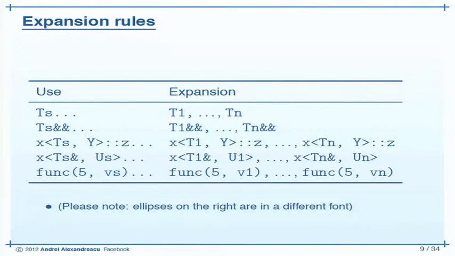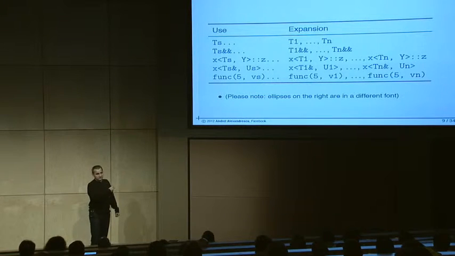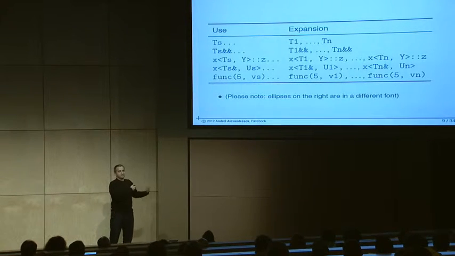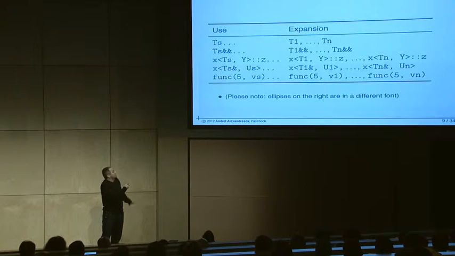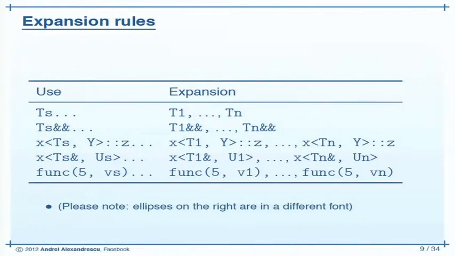Even more interesting if you have two lists of types, T's and U's. You notice I'm using this convention like T's and U's, so the suffix S is like plural, right? T's and U's, and what happens to be adorned? Dot, dot, dot. Well, guess what? They're going to expand in lockstep. Okay?